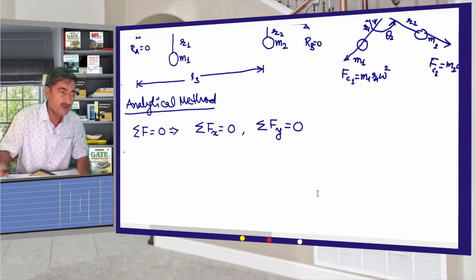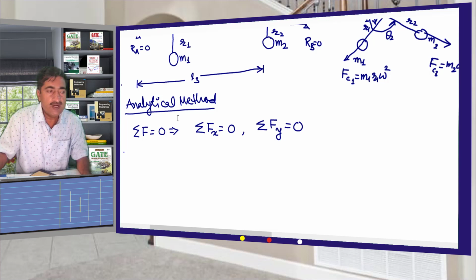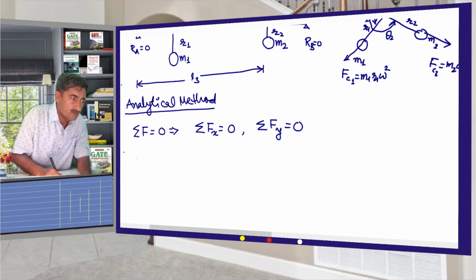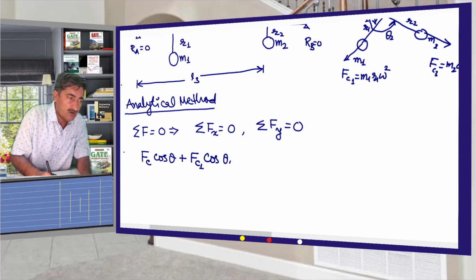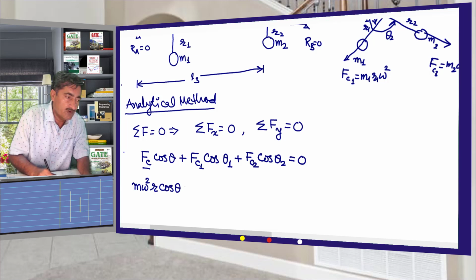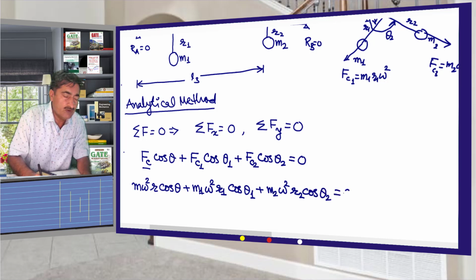Okay. Now, summation Fx, component of these forces Fc, Fc1, Fc2 in x direction: Fc cos theta plus Fc1 cos theta 1 plus Fc2 cos theta 2 equal to 0, where Fc is m omega square r cos theta plus m1 omega square r1 cos theta 1 plus m2 omega square r2 cos theta 2 equal to 0.